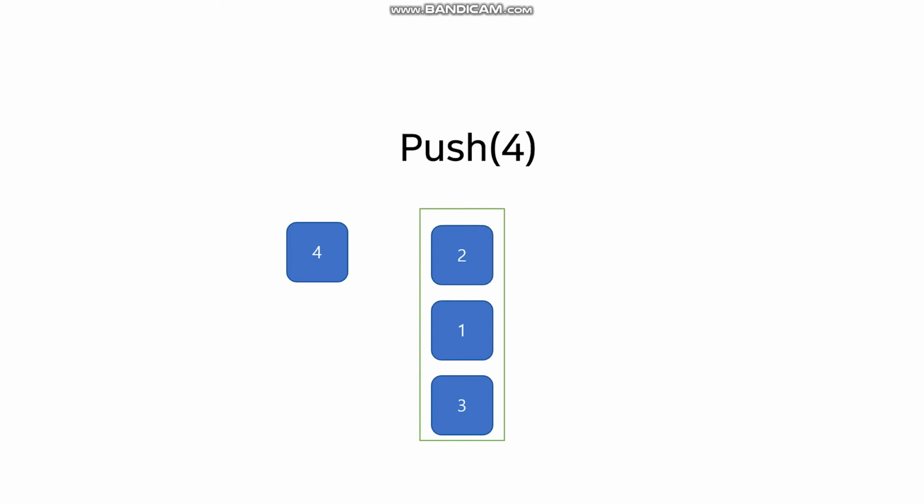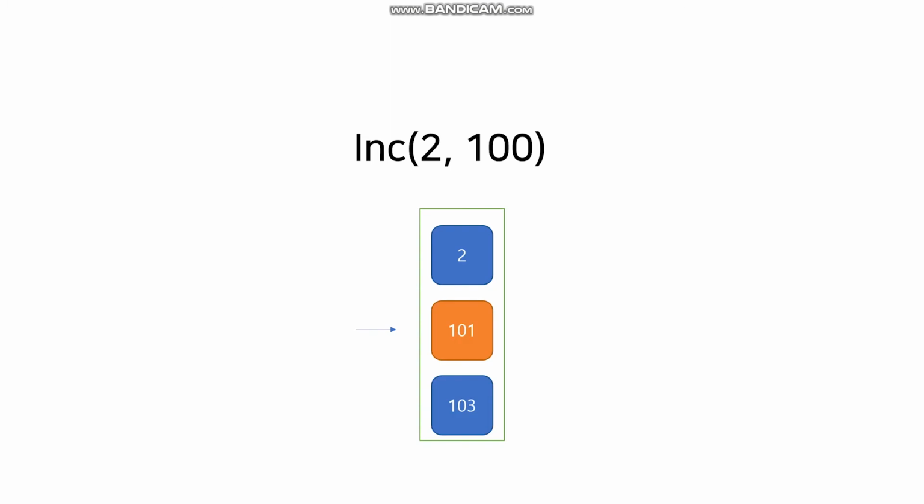And we have the increment function, and when we give 2 and 100 as parameters, we add the value from the bottom of the stack. Because of the number 2, the bottom 2 numbers will be added to 100. So the 3 becomes 103 and 1 becomes 101.